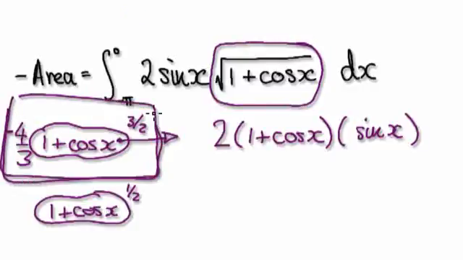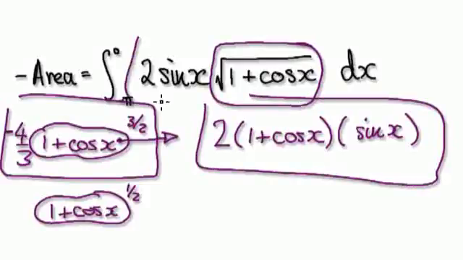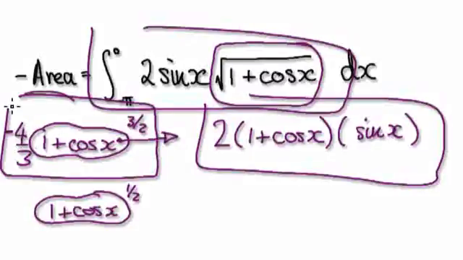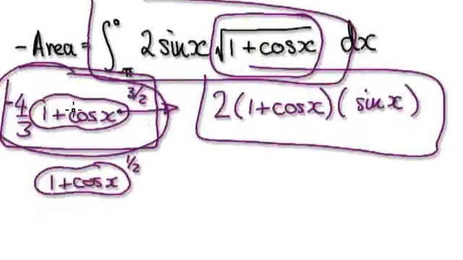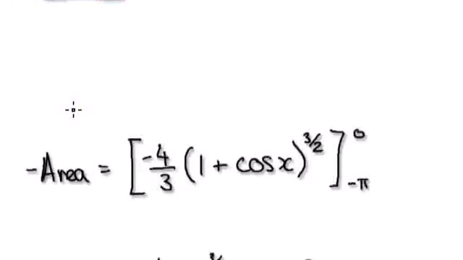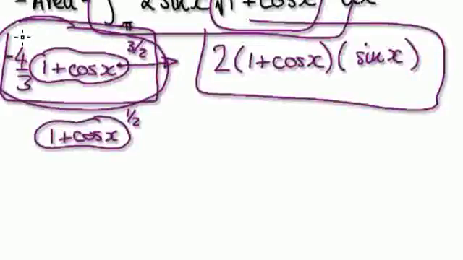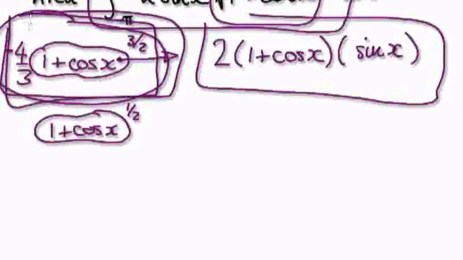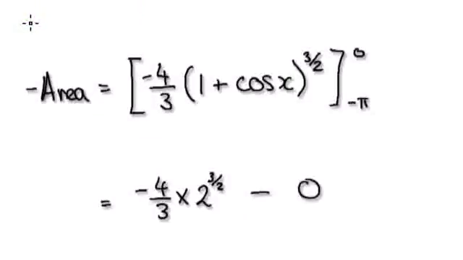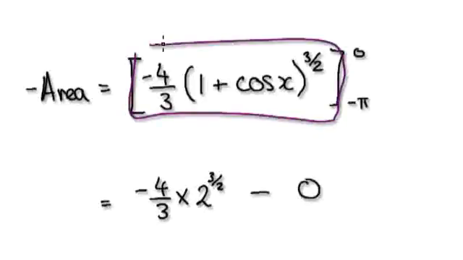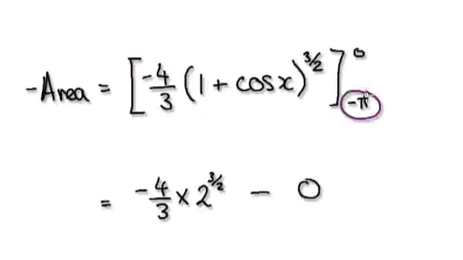If you differentiate this now, it will give you this thing here. So integrating this thing here would give us this. Minus 4, and so on. It's what we've got here. And then don't forget we're doing it from minus pi to 0.